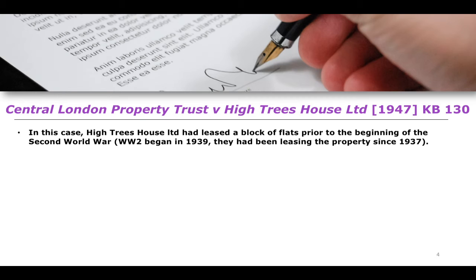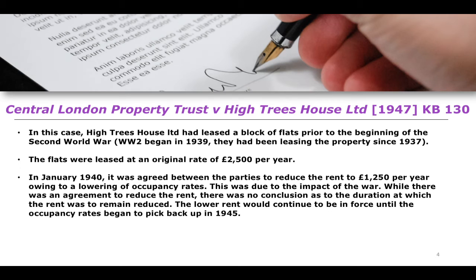So they leased a block of flats prior to the start of World War II. The flats were leased at an original £2,500 per year. That was the original rate, which of course is quite a significant amount of money, even by today's standards. Not necessarily per year, but at least at the time it was quite a significant amount of money.